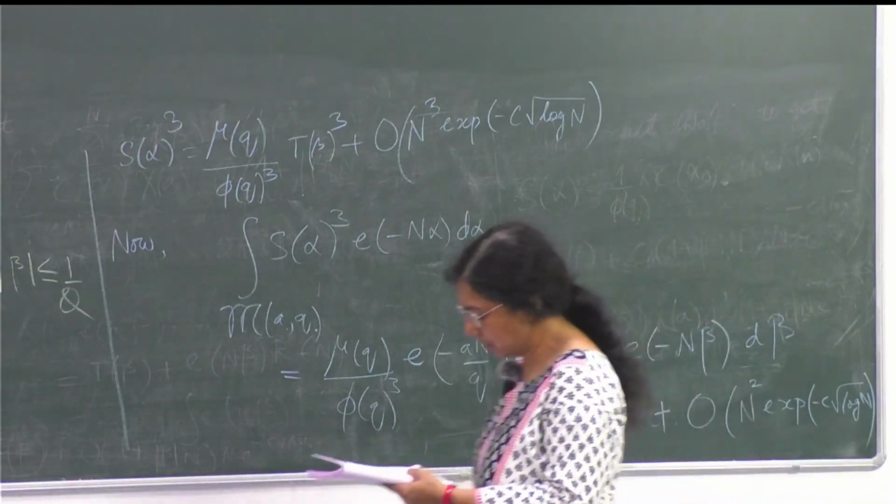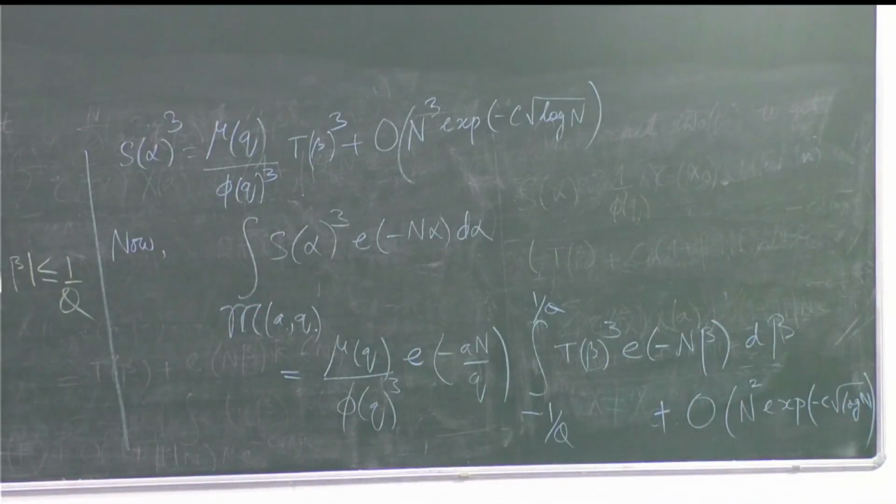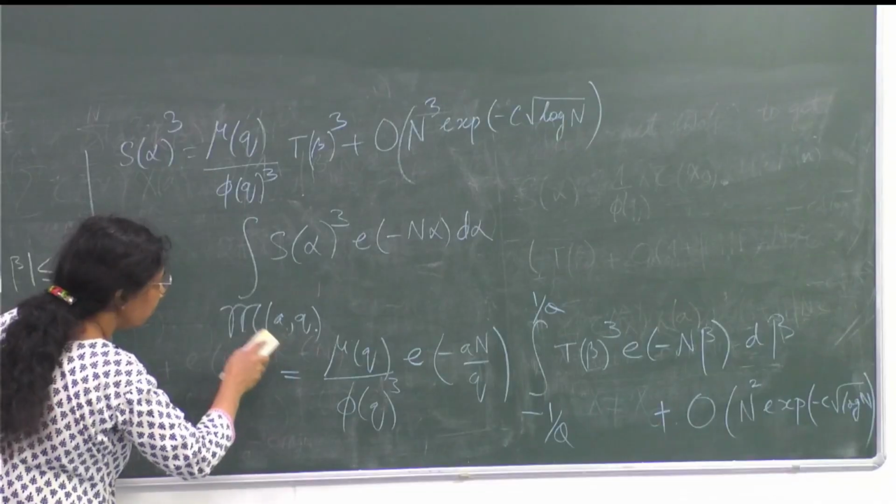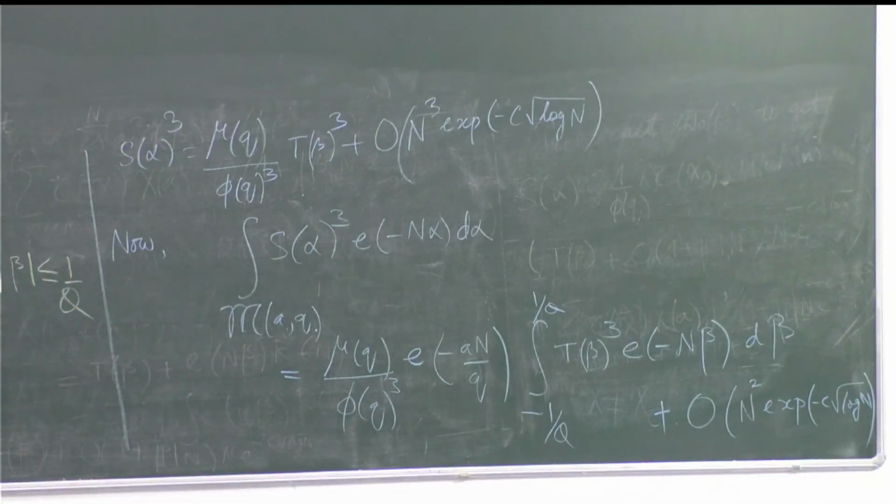All right. Now you're going to sum over all the major arcs to get the whole sum over m. Here you have over a and q, but you want the union of all a and q.